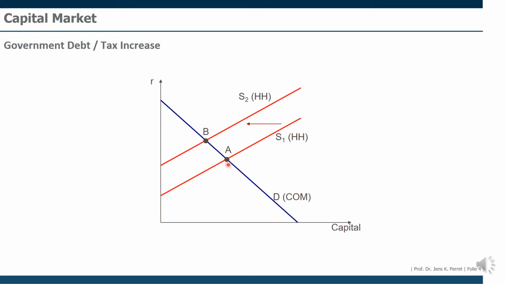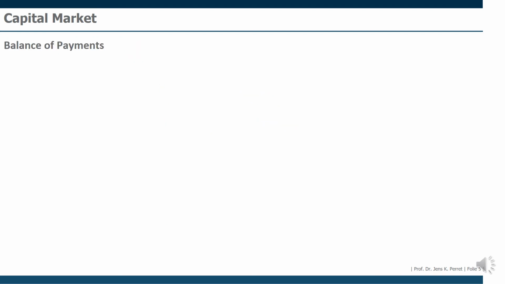However, we still have the disadvantage that we're working with a model for a closed economy. So how would the situation change if we allow an open economy? That's actually what we're going to start with here, but we need some intermediate work done first. And that's us taking a look at the balance of payments, which can be simplified as the sum of current account, capital account, and foreign exchange.